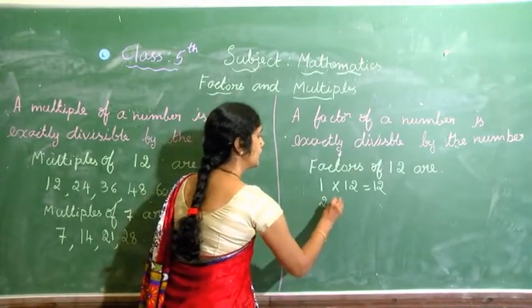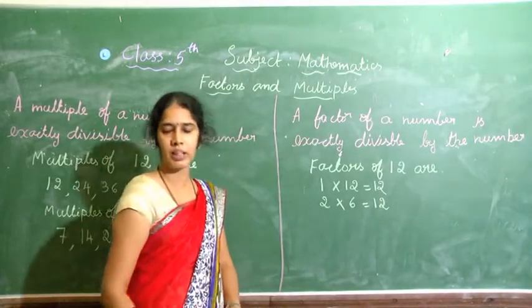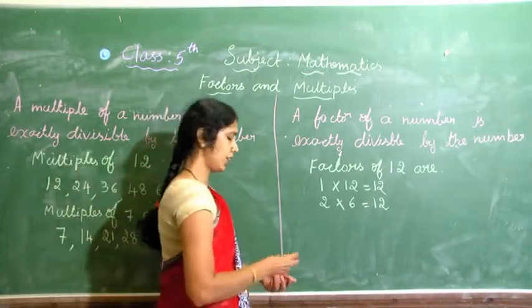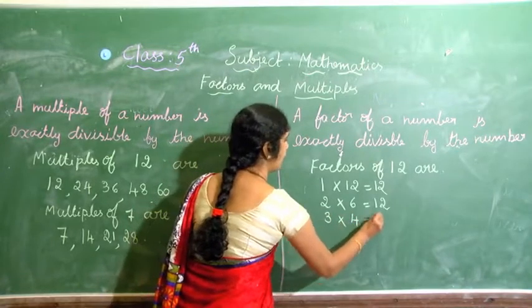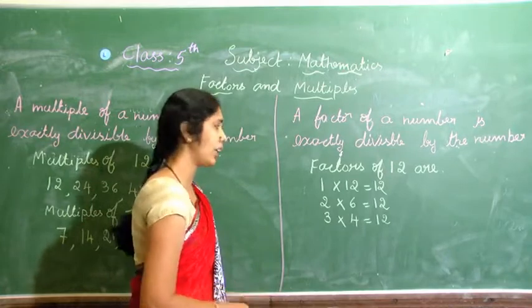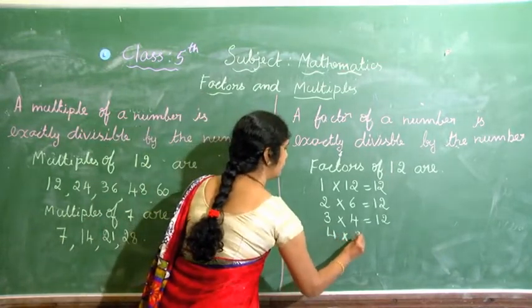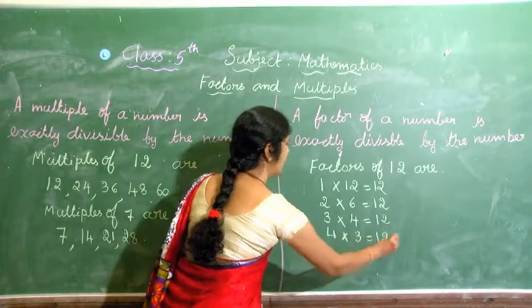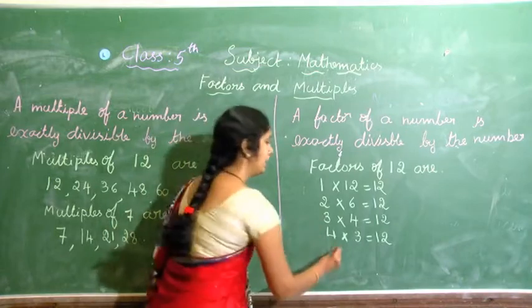Yes. 2 sixes are 12. Then which table will it come in? Yes, you are right. In the 3 table also it will come. 3 fours are 12. Then which table? 4? Yes, you are right. 4 into 3 equal to 12.